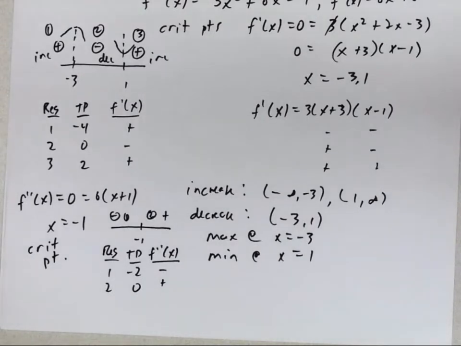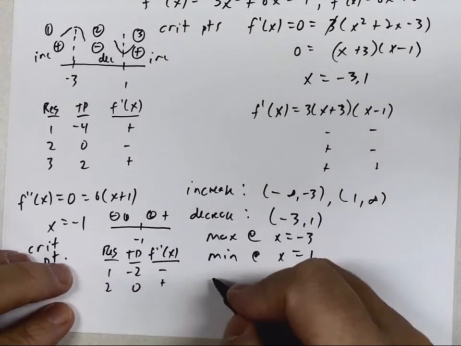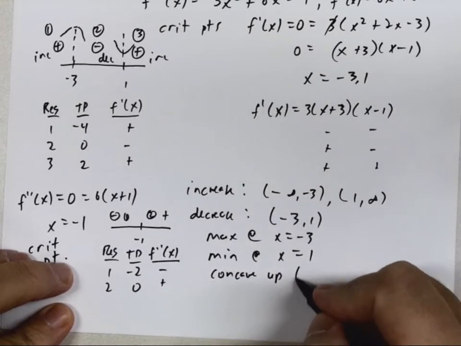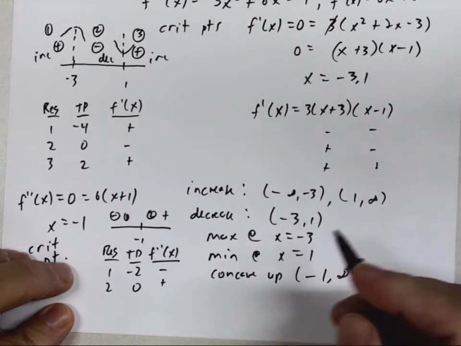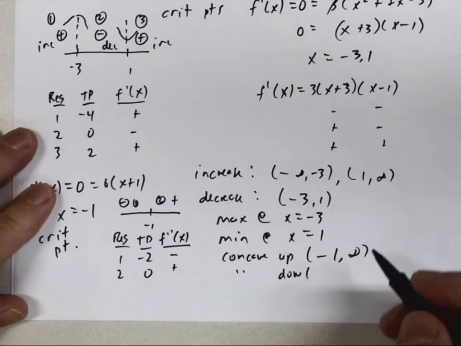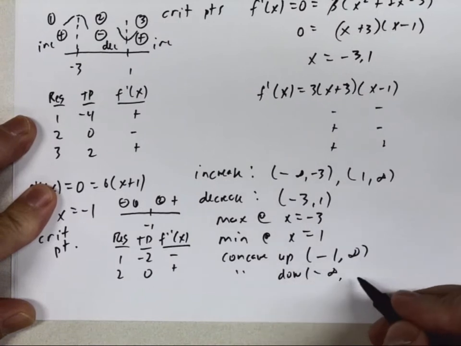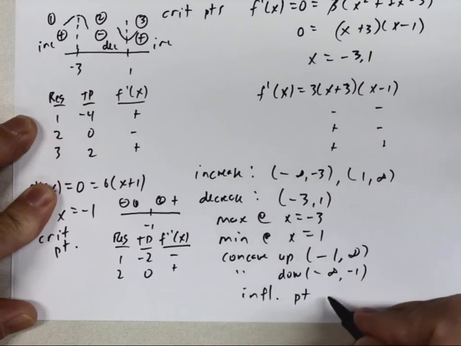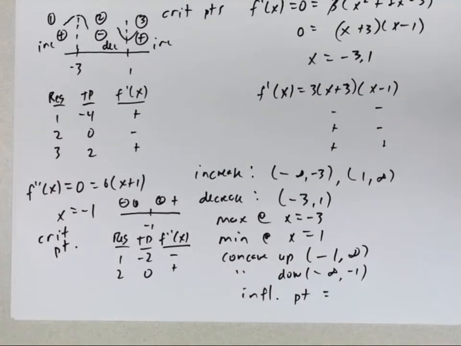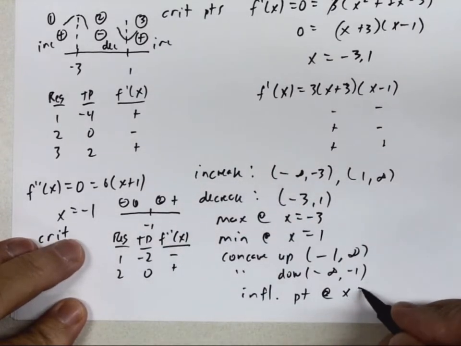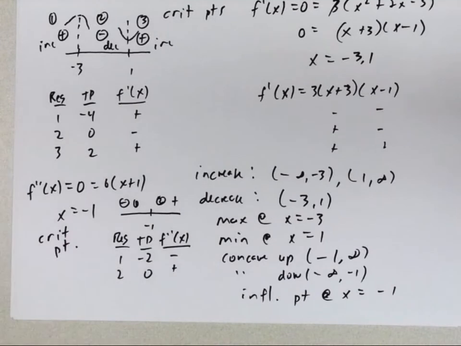So let's say concave up is -1 to infinity, concave down is -infinity to -1. Then the inflection point is where the concavity changes signs, at x equals -1.